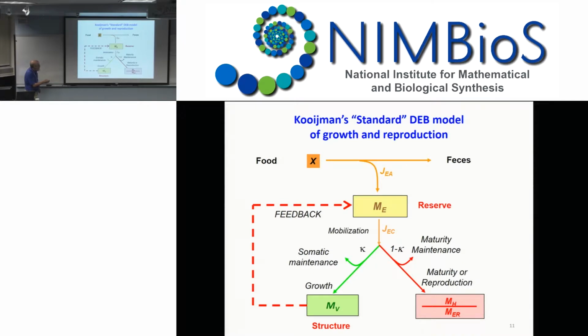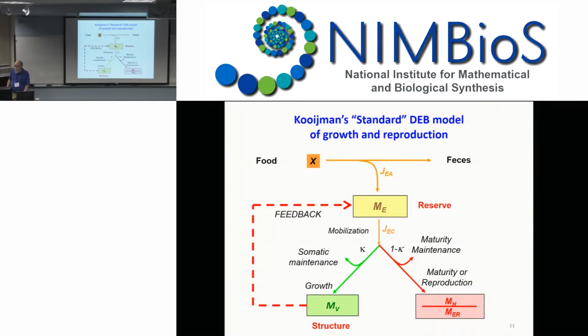And then it's partitioned, and some of it is used for growth and maintenance. Some of it is used to support increasing maturity, which is developmental costs in embryos and juveniles, and to support reproduction among adults. And there are equations that describe this.